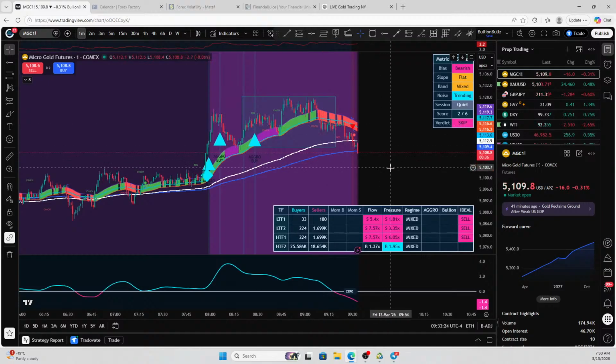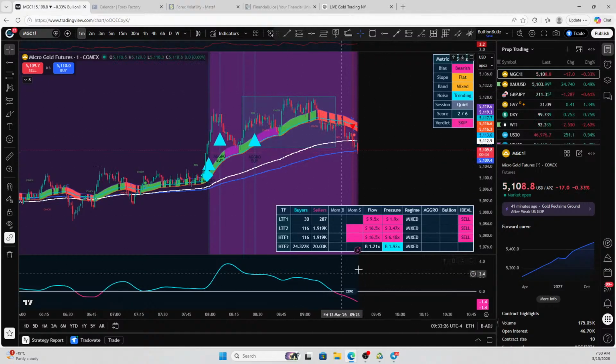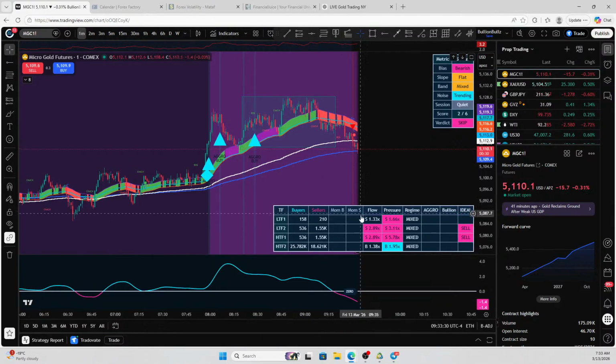Right now, there is no clear direction within volume as well. We are seeing that the pressure is showing buyers dominating, but the market is showing us otherwise. So this is a contradiction between the two.